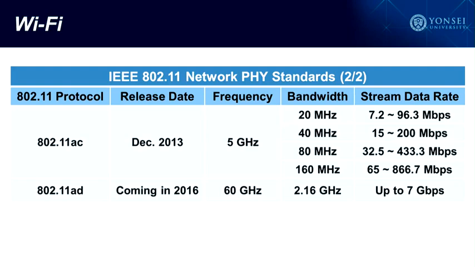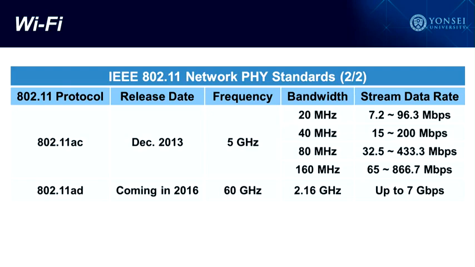Now, typically, the frequency range is at the 5 gigahertz ISM band, and based upon the bandwidth, you could go up to 96.3 megabits per second, or now reaching into the hundreds of megabits per second speeds, 200 megabits per second, 433 megabits per second, and even a remarkable 866.7 megabits per second, almost there, reaching the gigabits per second range.